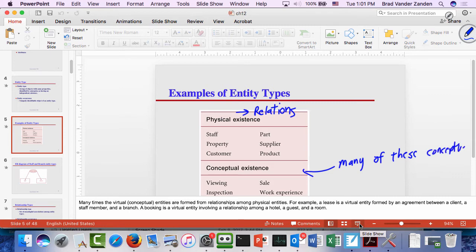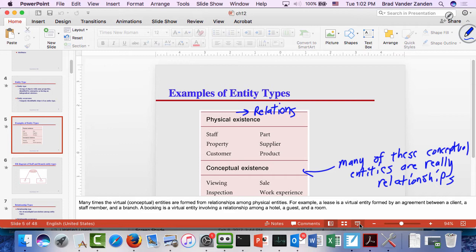And I don't like the fact that the book actually calls them conceptual entities, but I'm trying to be consistent with the book. They are really relationships. And when we get to relationships, you'll understand this point better, so I'll defer the discussion of why. But many of these conceptual entities are really relationships among entities.